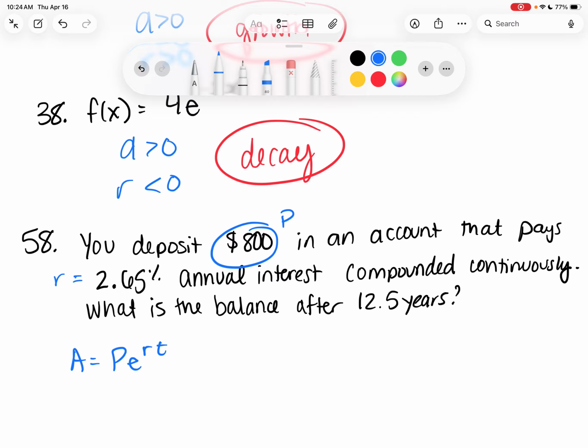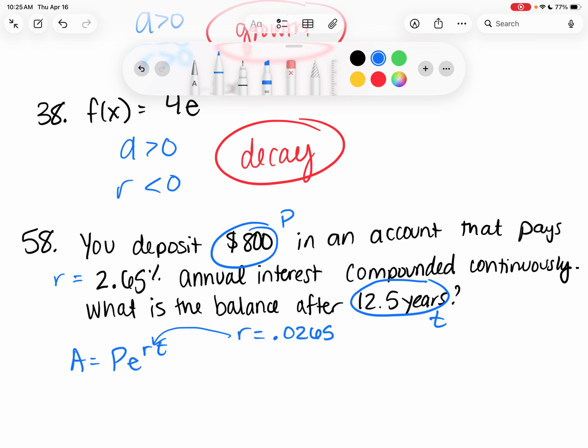However, that is not how we write it in our equation. It gets written as a decimal. So how would I write 2.65% as a decimal? Yep, so I'm going to make a note over here. This is 0.0265. This is what's actually going to get plugged into my formula. And then T is the number of years, so this value, 12.5, is T.